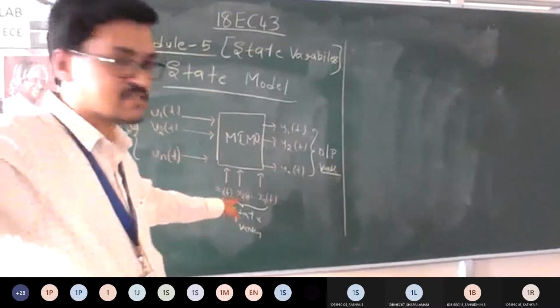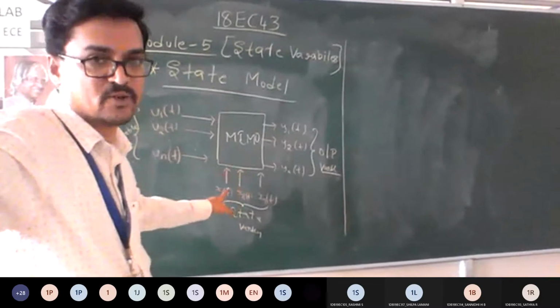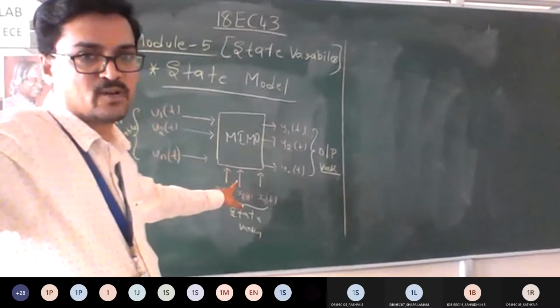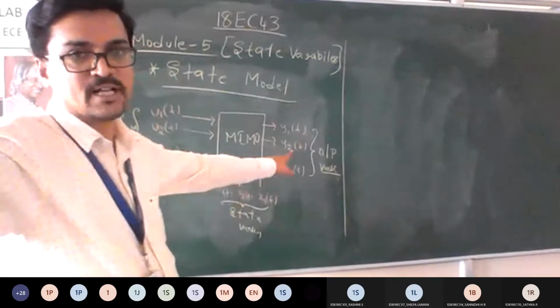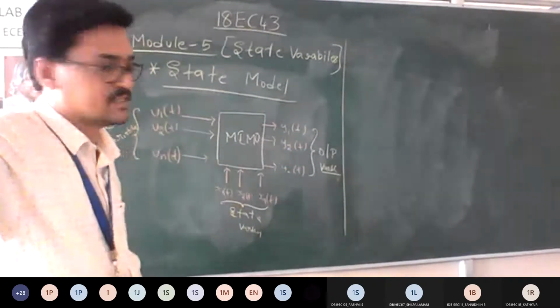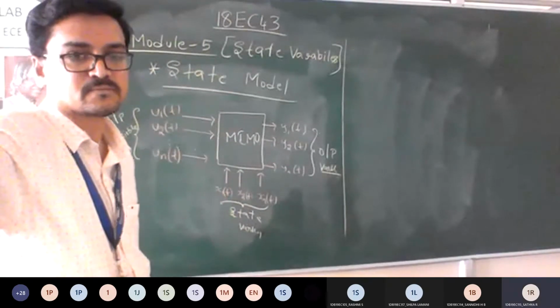Similarly, I am going to have a system response, which I call the state variable, or in general the past history. That is represented with x1 of t, x2 of t, so on xn. The corresponding output I get as y1 of t, y2 of t. Is this okay till here? Shall I move on? Yes, sir.